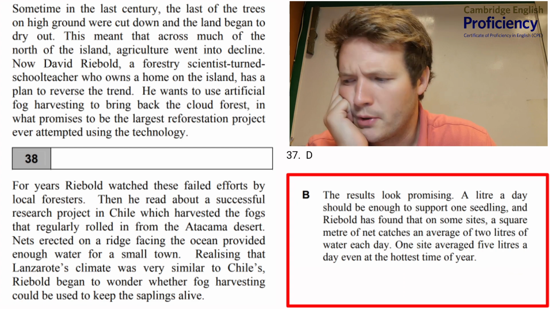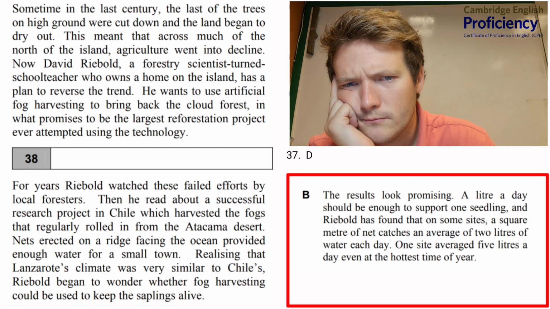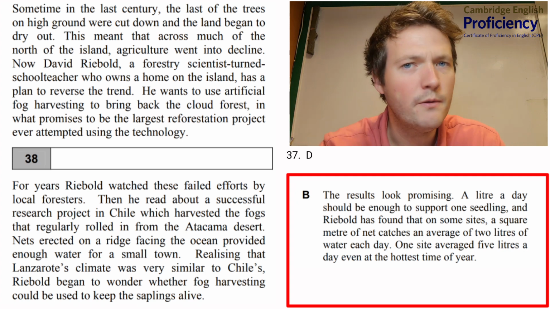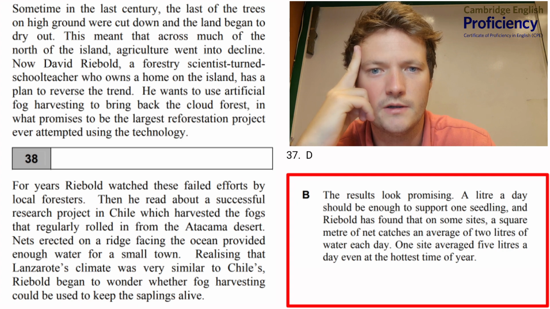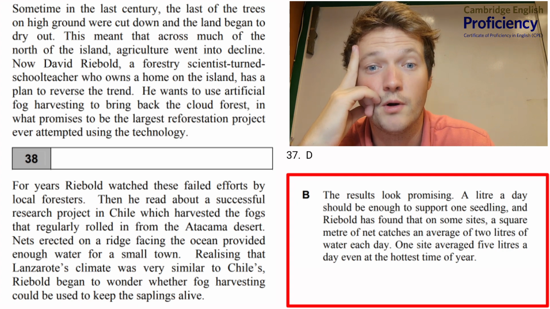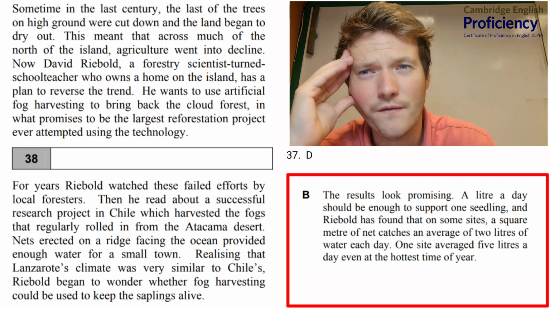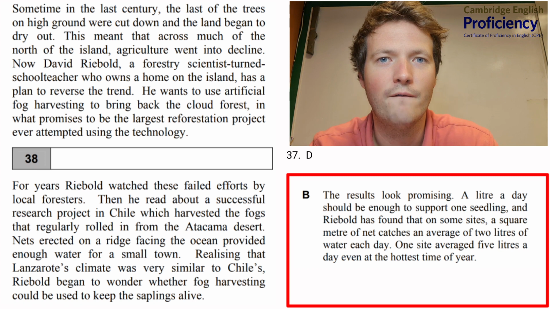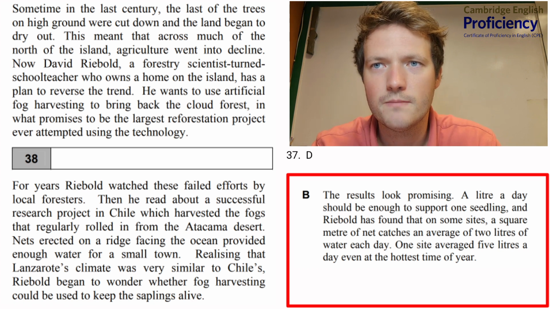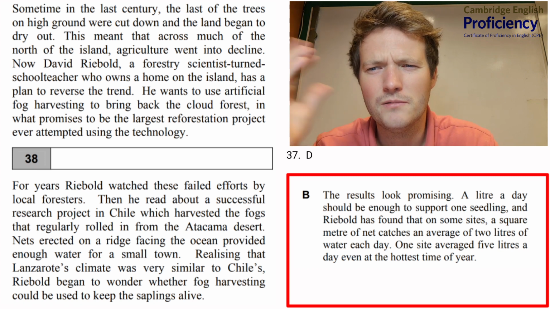The results look promising. Well, again, I don't think we've got any results yet. He says he wants to use artificial fog harvesting to bring back the cloud forest. I don't think we've actually carried out any experiments yet, so we can't really have any results yet.